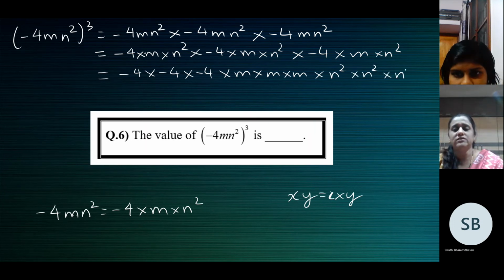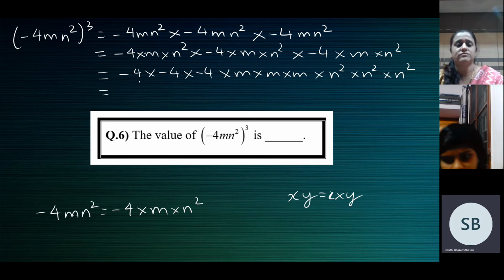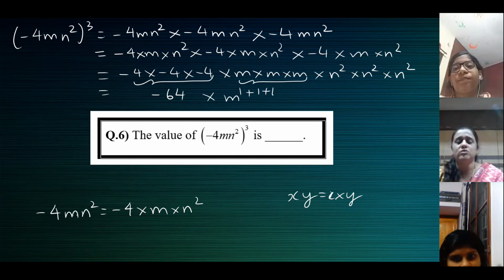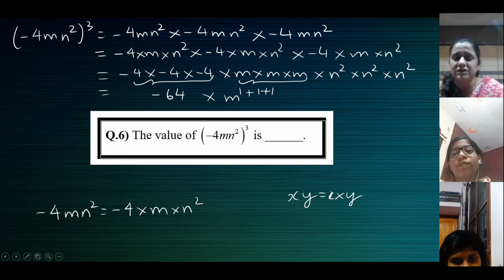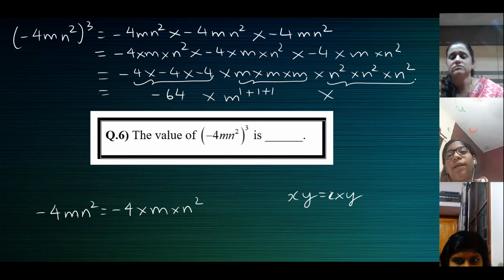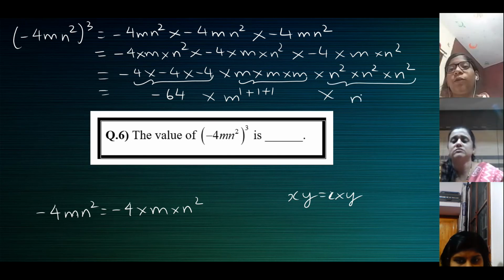Okay, next step, Swati. Ma'am, minus 4 cubed is minus 64. And then m 1 plus 1 plus 1 is m cubed. What is the rule? When bases are same and it's multiplication, we add the powers. Then, n raised to the power 2 plus 2 plus 2.